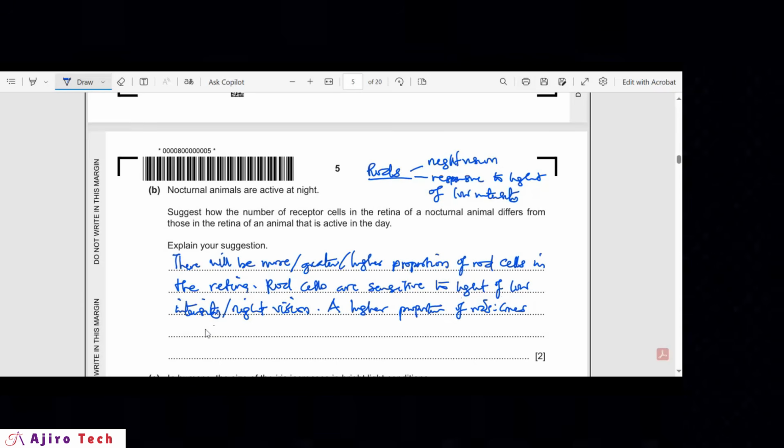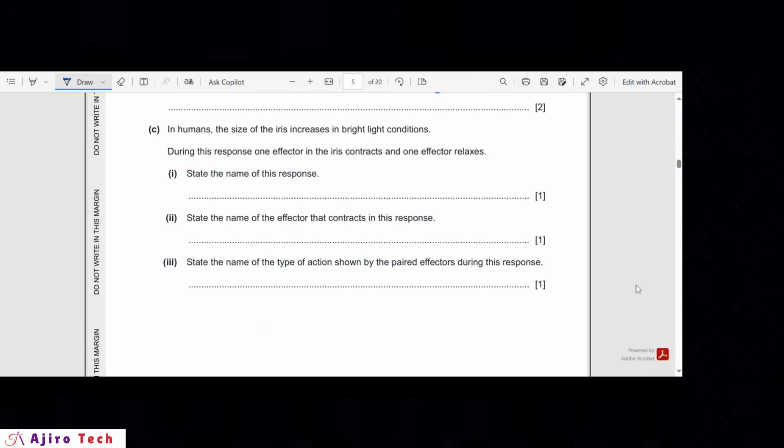Because there are fewer cones, because cones are not sensitive to night vision. Okay, so that's that.